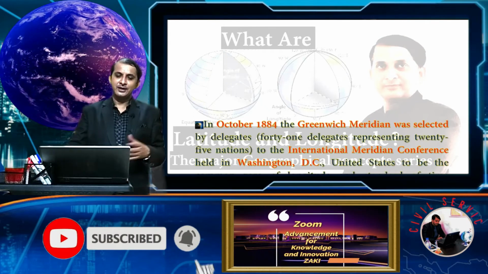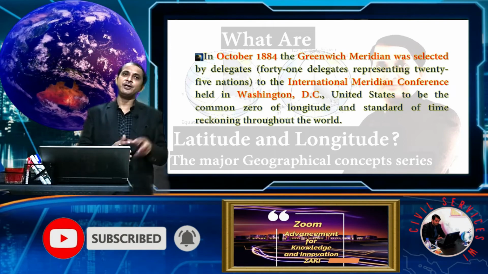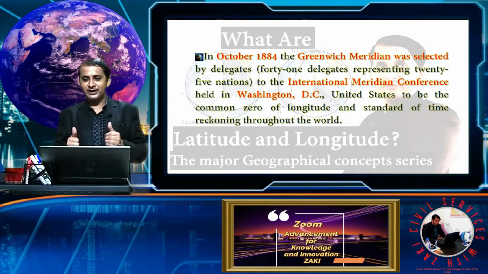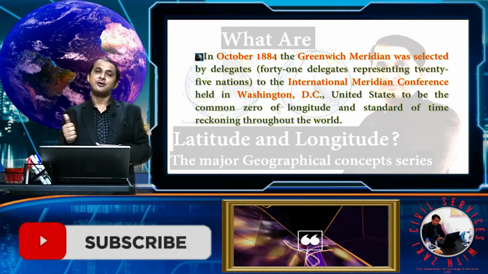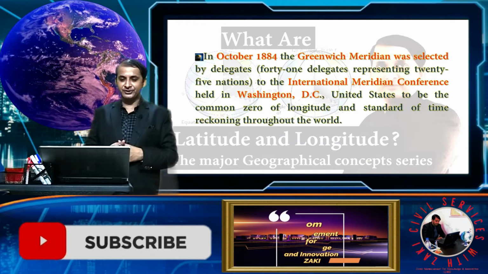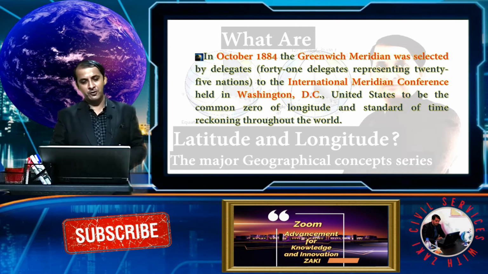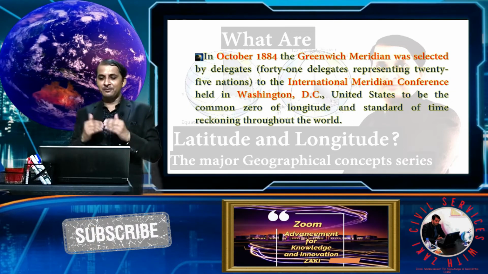Basically in October 1884, the Greenwich meridian was selected by 41 delegates participating from 25 nations around the globe at the International Meridian Conference.